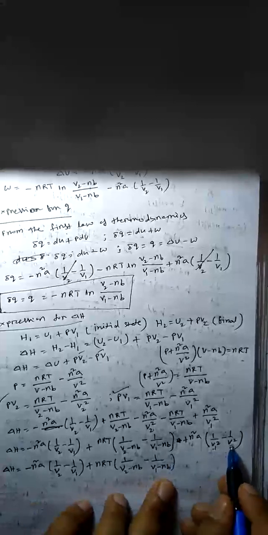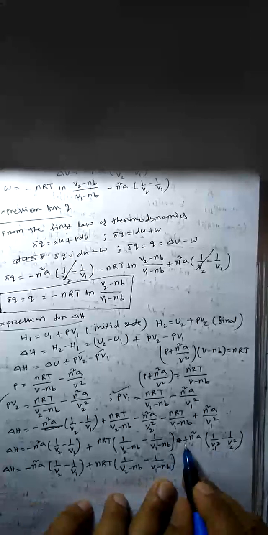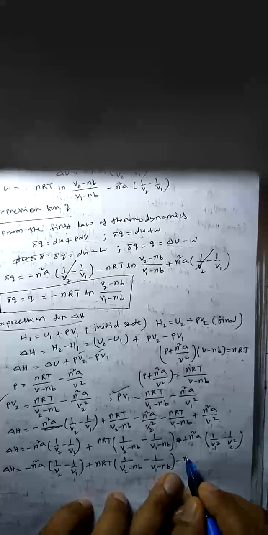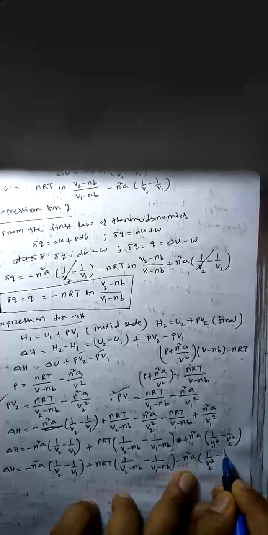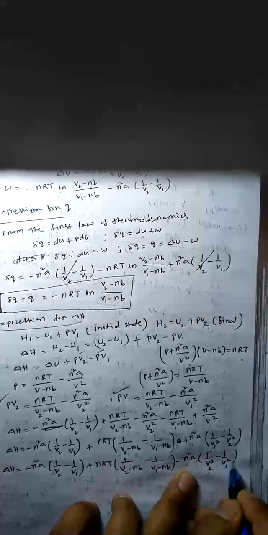And here you reverse it. This one take this side, this one take this side. So minus will come: minus n square a times 1 by V2 square minus 1 by V1 square.